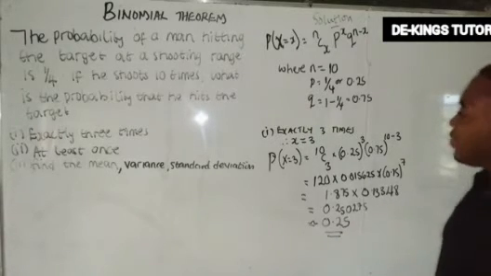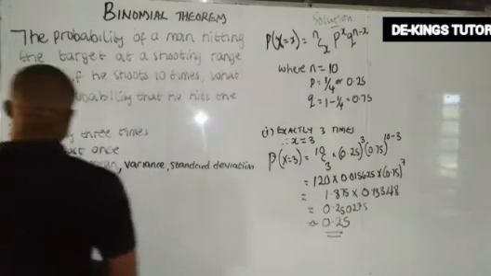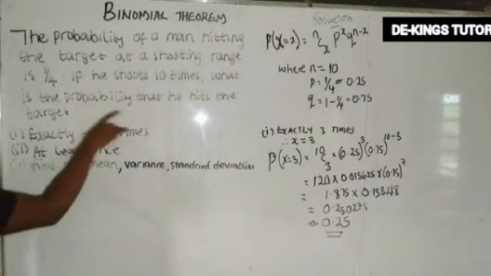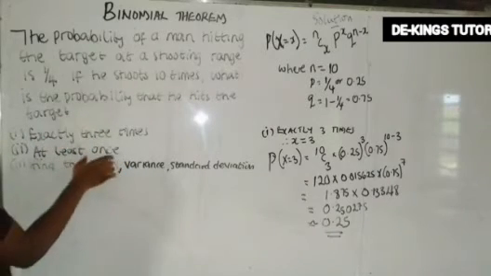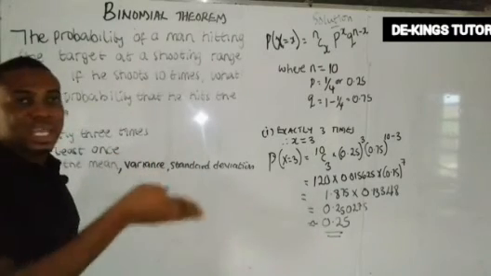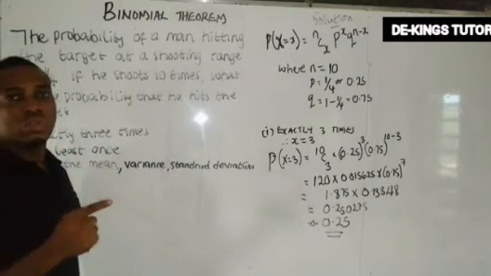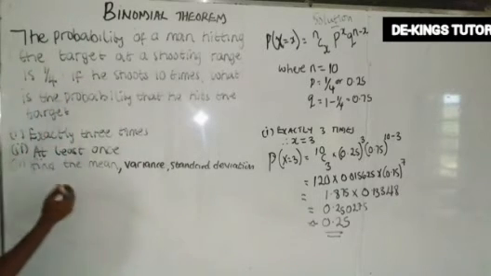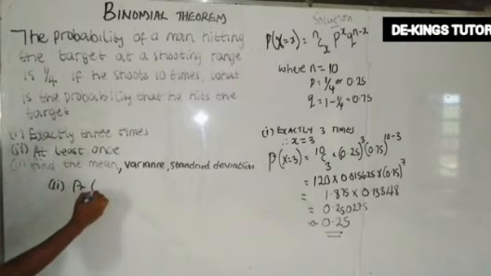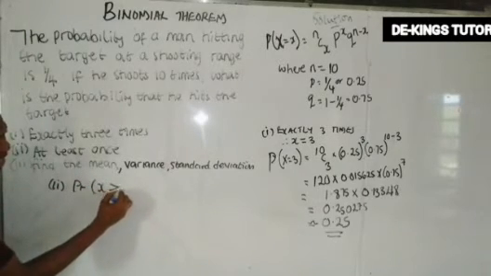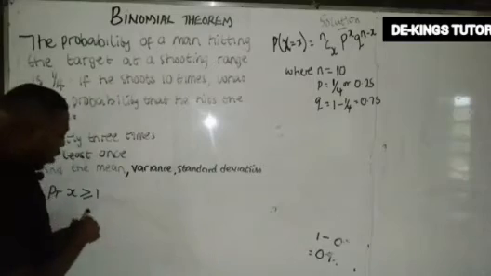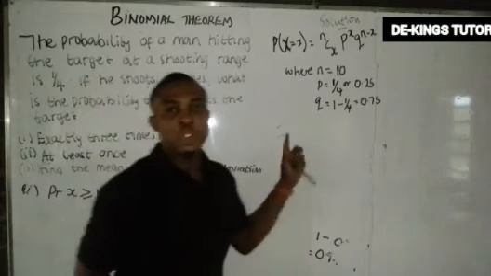Now the second one, solving this, they said we should find the probability that the man will hit the target at least once. At least once. It means that if he shoots 10 times, he must hit once. So solving this, now we'll say probability of x greater than or equal to 1. That is what it means. Now this one is a range of values, but the first one is not.